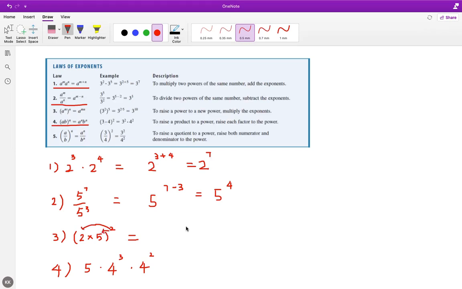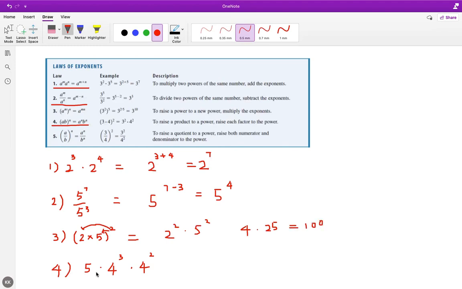That's why we got 2 raised to the 2 times 5 raised to the 2. I know that 2 raised to the 2 equals 4, and 5 raised to the 2 is 25. So what is 25 times 4? 25 times 4 gives us 100, right? So that's why question number 3 is 100.